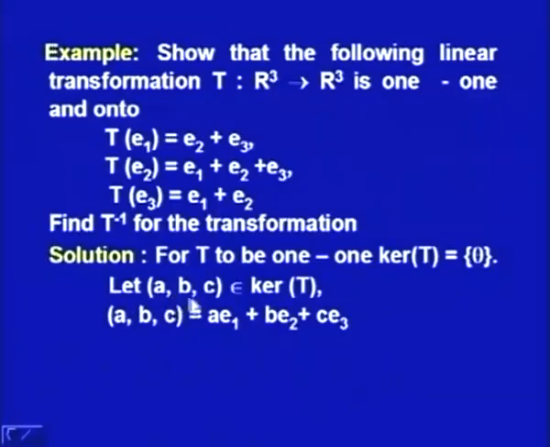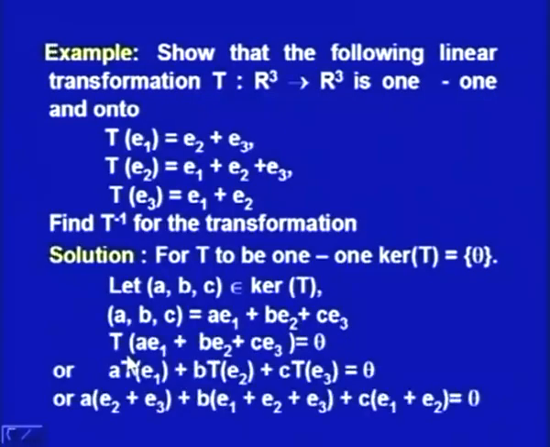So, let us have (a, b, c) belonging to kernel T, and since (a, b, c) belongs to kernel T, it can be written as a E1 plus b E2 plus c E3, that is, any vector in R3 can be represented as a linear combination of the basis vectors E1, E2, E3. Then we apply the linear transformation on this.